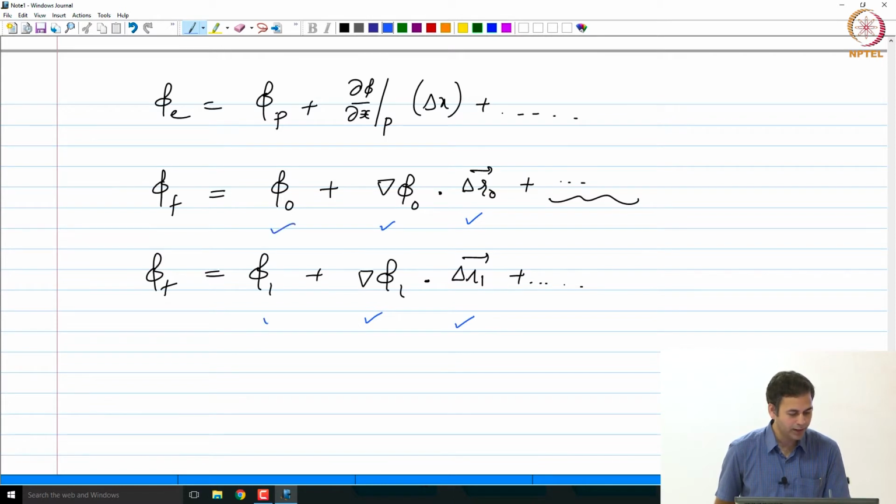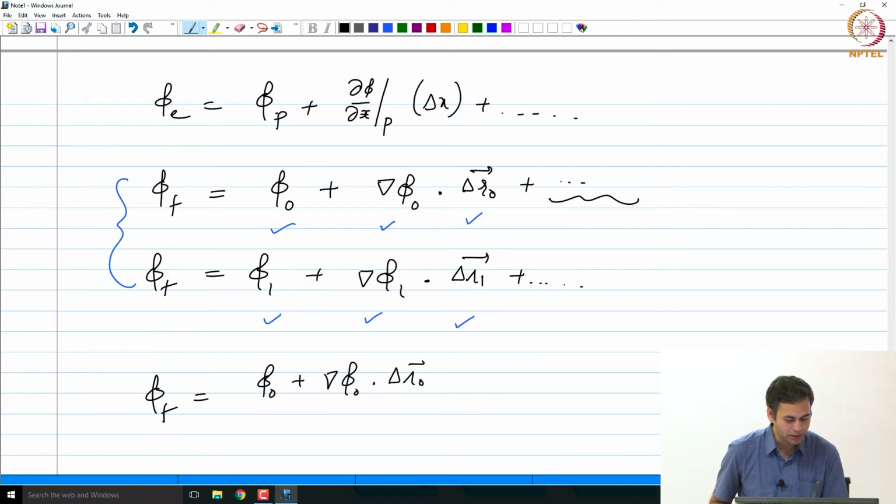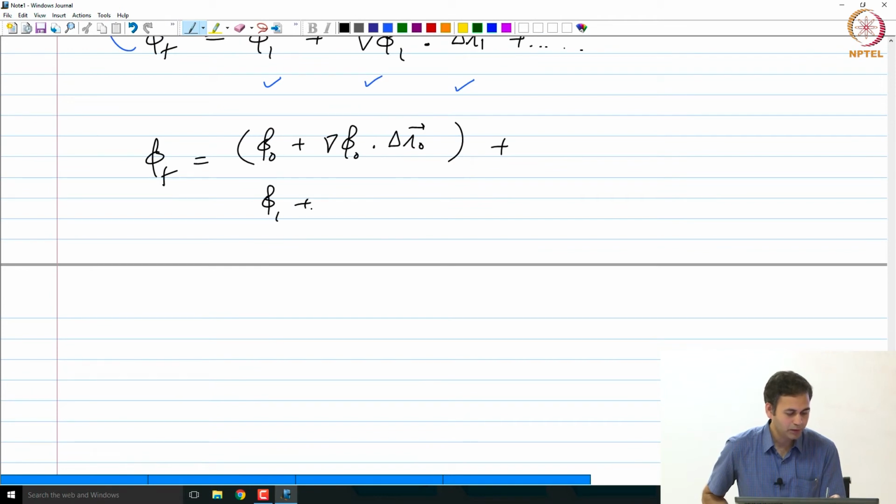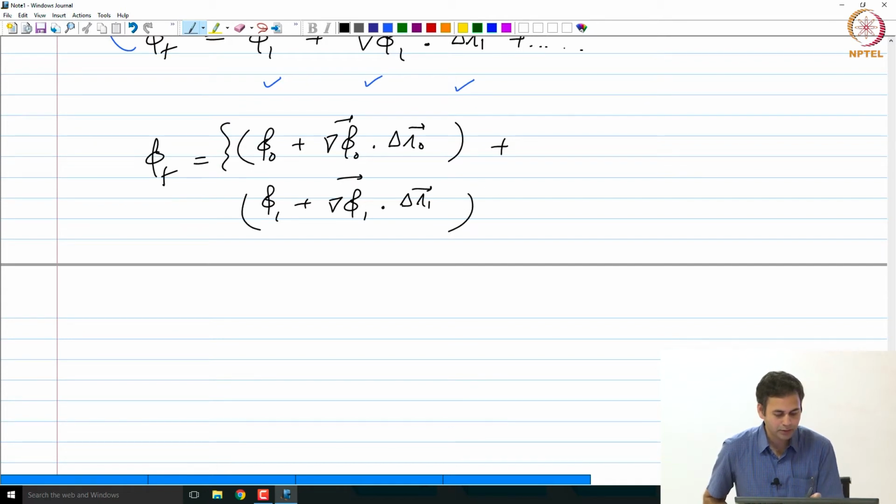So, now can I calculate what is my improved value on the face as an average of these two? Right. That means I can calculate my improved phi f as phi 0 plus grad phi 0 dotted with delta r 0 plus phi 1 plus grad phi 1 dotted with delta r 1 bar, divided by 2.